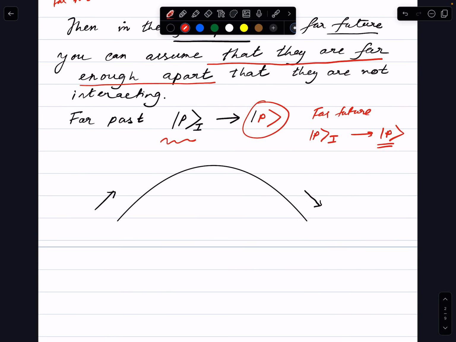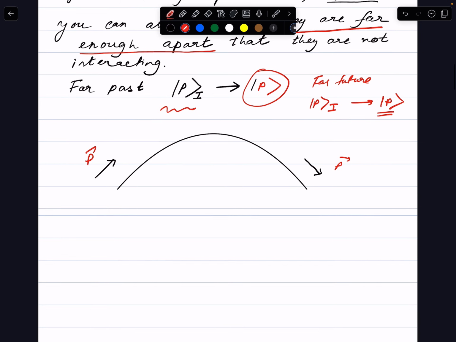For example, consider throwing a particle. If I throw a particle up with some momentum p, under gravity it has some trajectory and then it falls with the same momentum p. But in the far past, I can approximate this by a free particle with some momentum.